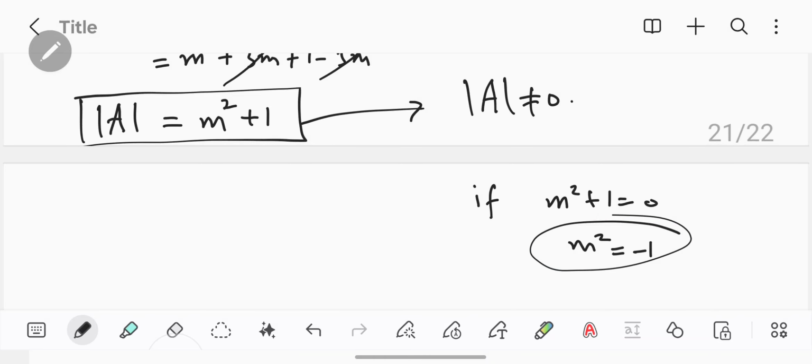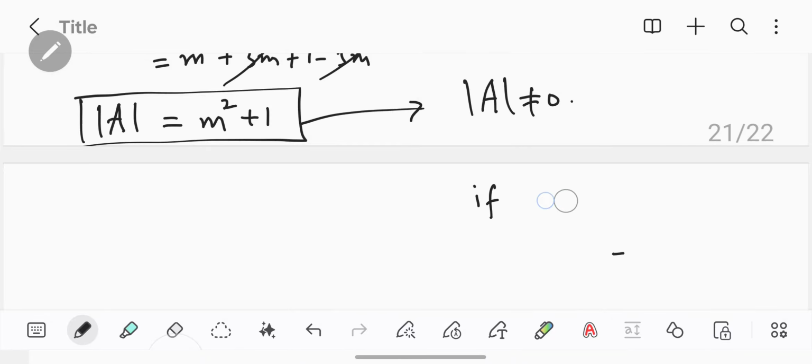So in the real numbers, M square cannot be a negative number, because the real numbers are the numbers whose square is always positive. The square of any real number cannot be negative. If we get a number whose square is negative, that is not real, that is called an imaginary or complex number.